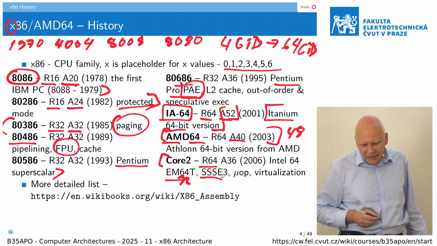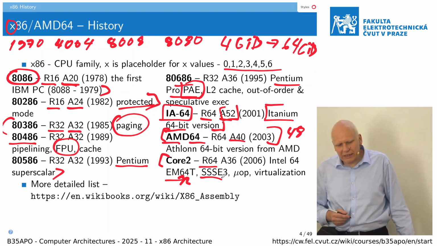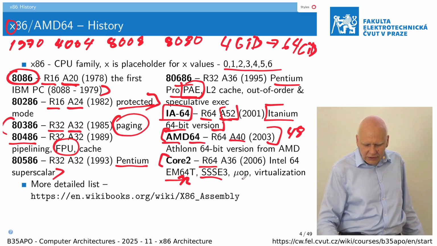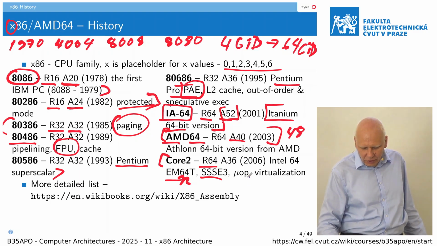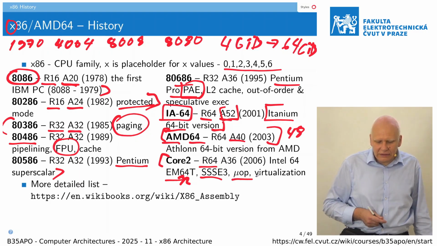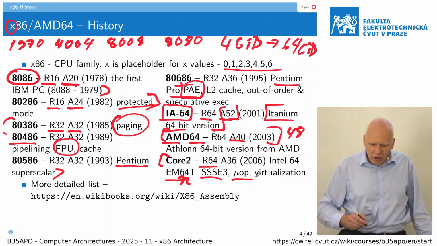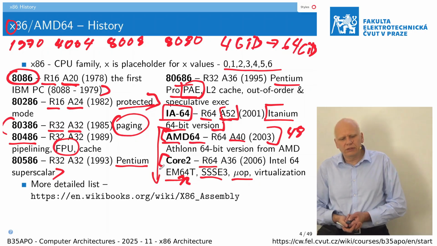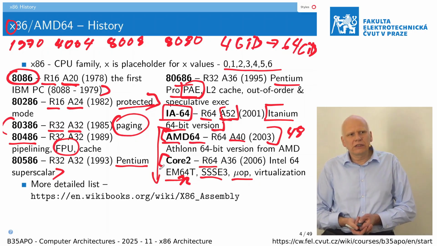And later there has been added the multimedia extension for fast processing of video, audio, 3D graphics in games and so on. In fact, internally, all those later versions of the Intel processors have switched to the RISC architecture.